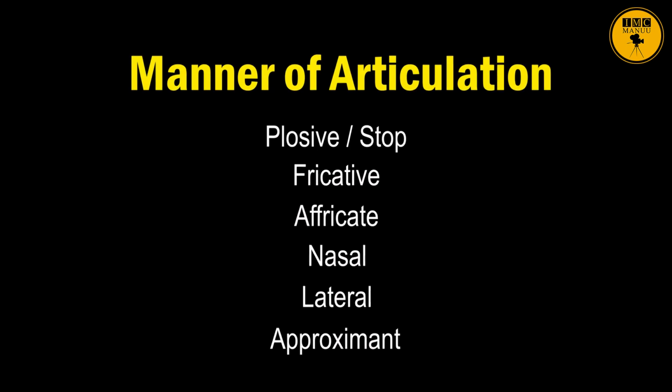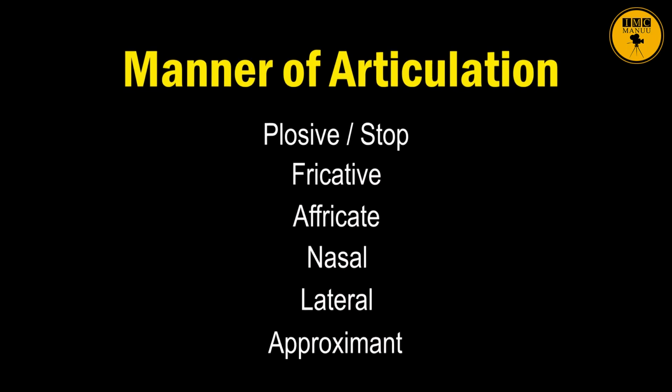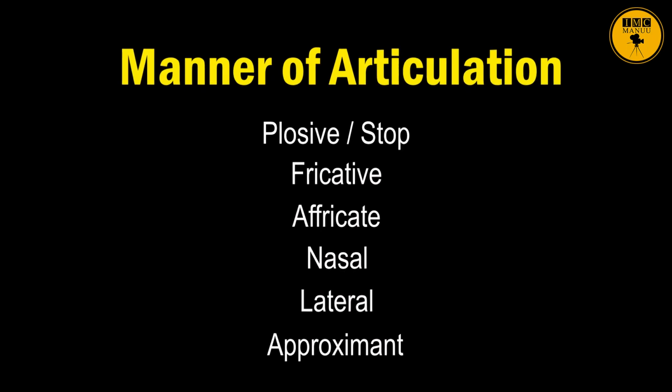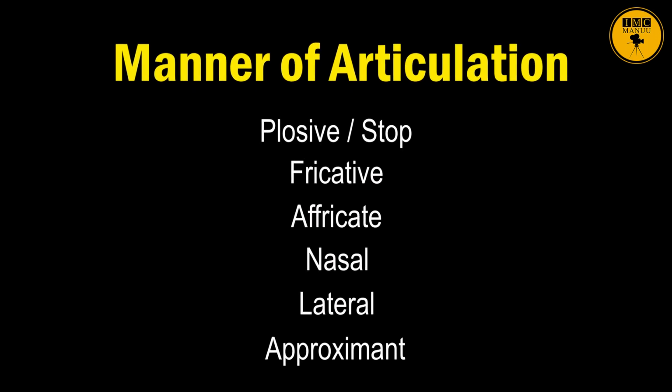Under the manner of articulation, we told you there are 6: plosive or stop, fricative, affricate, nasal, lateral, approximant. In the course of these 3 lessons based on Unit 1, I am sure you had a little practice of the consonant sounds in English.